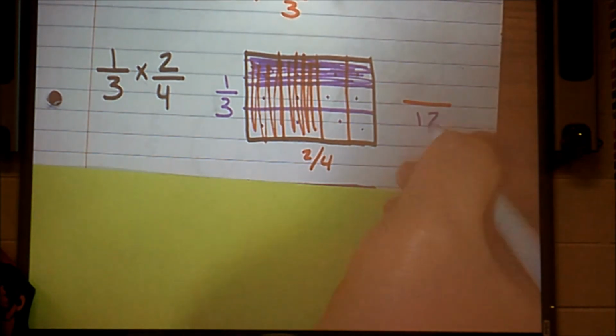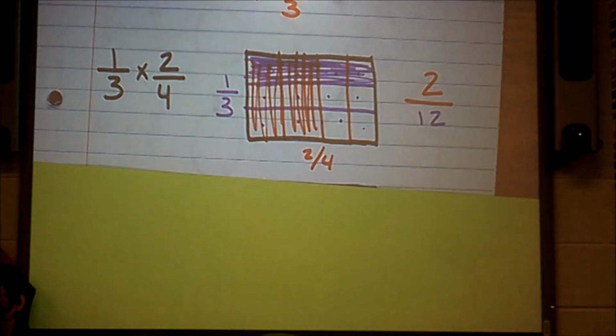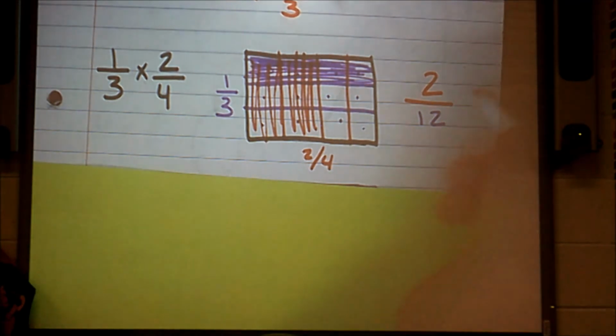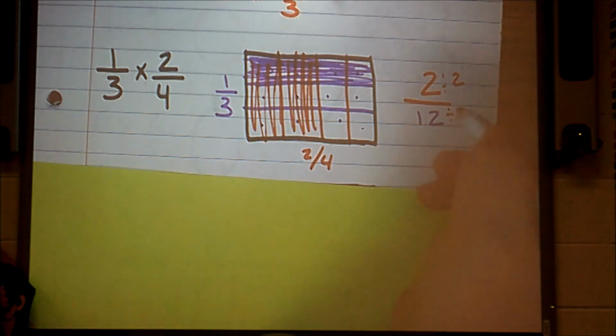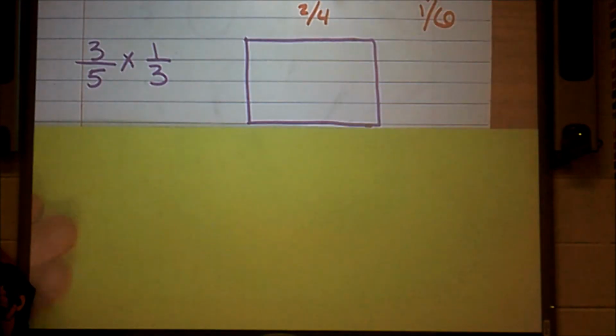That is my denominator. Now I look at how many pieces are colored in with both my red and my purple. And I only see 2. And you can check yourself using the standard algorithm. Now if I divide both sides by 2 to get it in simplest form, then my final answer is 1/6.